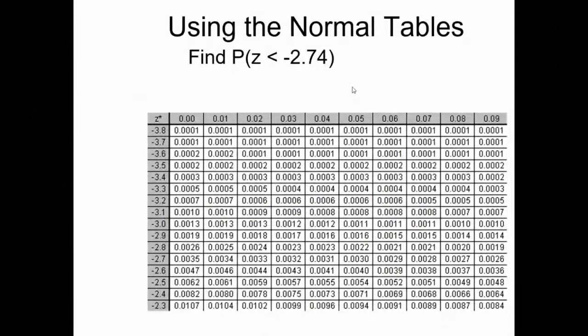Now we're growing our table. I'm giving you an even bigger piece of the table. Okay, so they want us to find the probability that z is less than negative 2.74. What do I look for in that column? That very left column. What's my first number I need to look for?